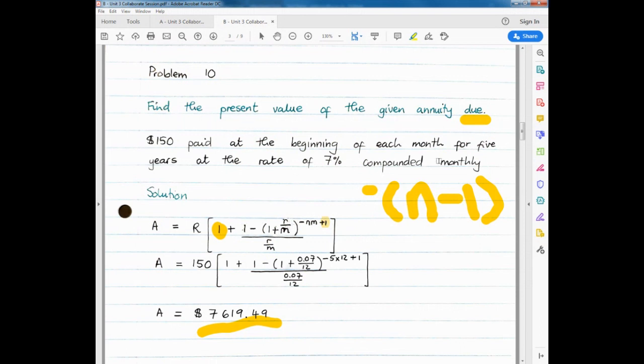And since we are compounding monthly, the N needs to be multiplied by M. So you see my formula is a simplified version. But if you go through the textbook, don't let it confuse you, seeing that there's a negative and then there's a bracket there and so on. If you simplify the formula, you will get to the same one that I am using.